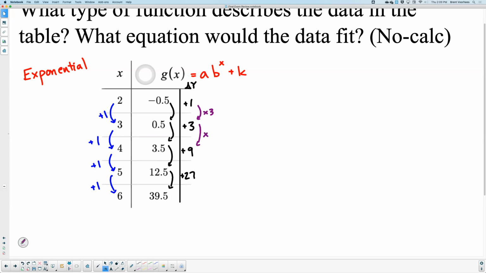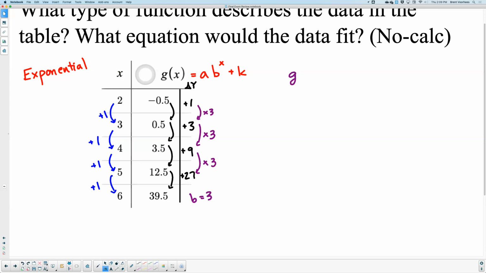So what does that tell us? The base, not the A. That tells us our base. So our B value equals 3. Now what I'm going to do is just plug these in, and we're going to solve our equation.